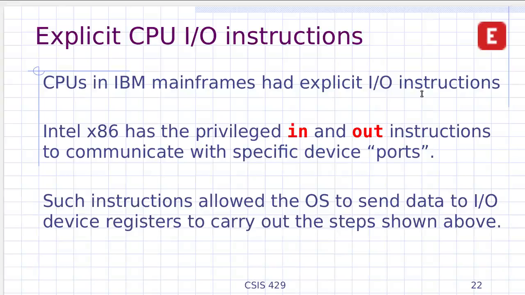So these were instructions in the instruction set of the CPU just to do I/O. And so what this allowed the OS to do is to send data to I/O devices and to carry out the steps that we talked about earlier. That is, write a whole bunch of things to the various registers, read from those registers to figure out what the status of the device is. So when we say, check the status of the register, we're actually doing this in an instruction. That's how that communication happens.